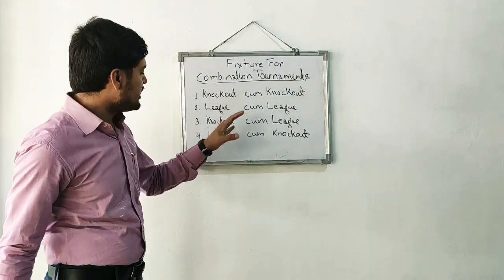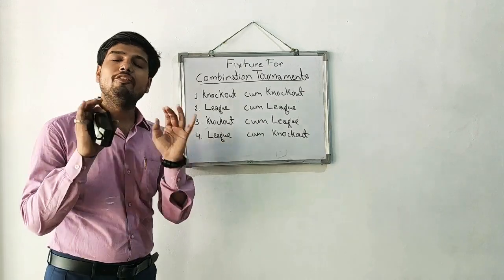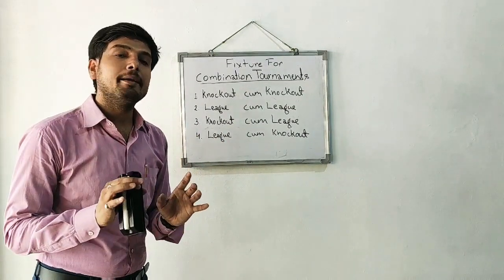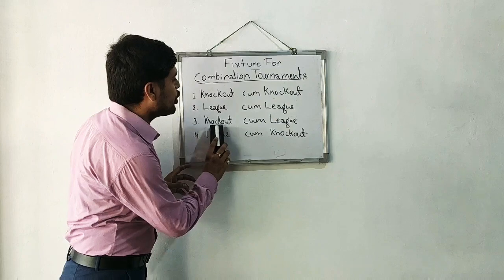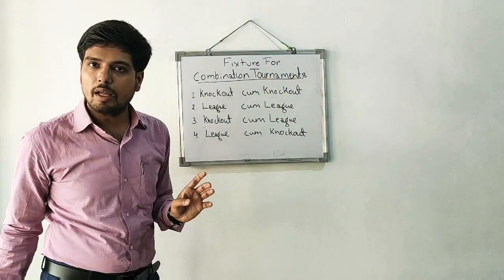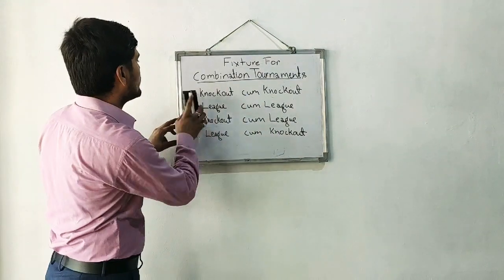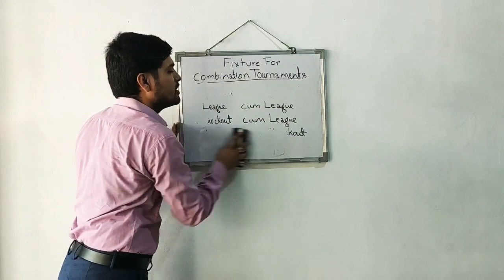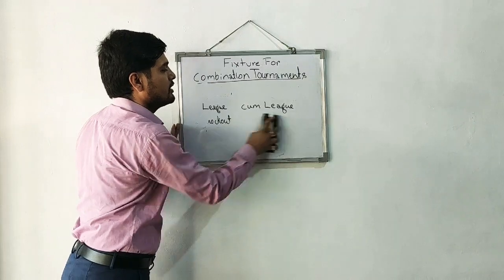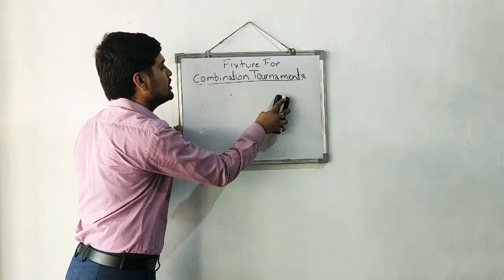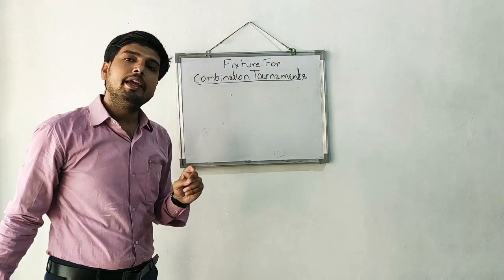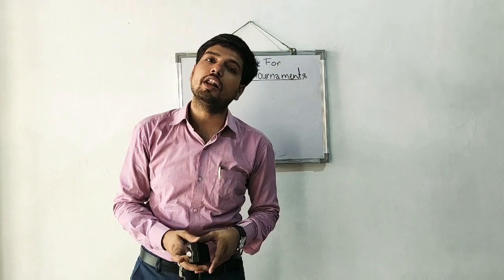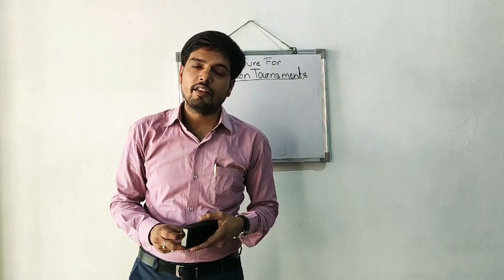So let's start, and in this video I will demonstrate by making a fixture for a knockout come league tournament. Before making a fixture, just mention, suppose there is a question in your paper: make a combination fixture for 12 teams.